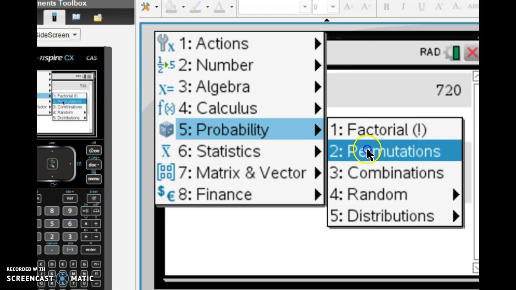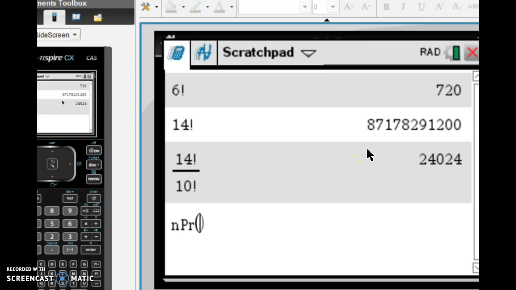Then there is this that is called permutations, and this NPR, it's a different notation that I'll add in a second, is permutations of n objects taken r at a time. So in my case, my objects are my 14 students, and I'm taking 4 at a time. So I need to write inside the brackets 14, 4, and of course we get the same result with this way of calculating.